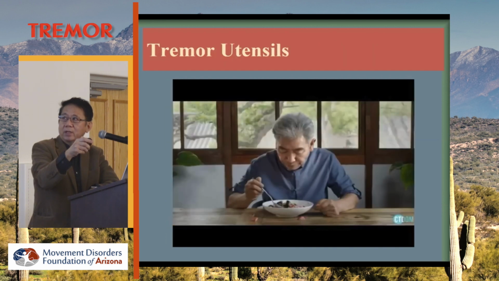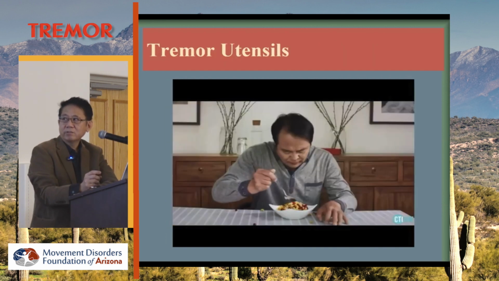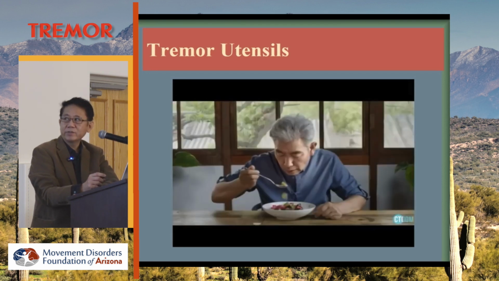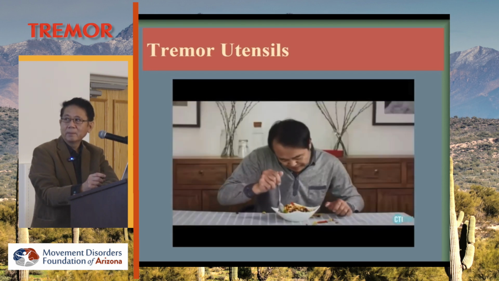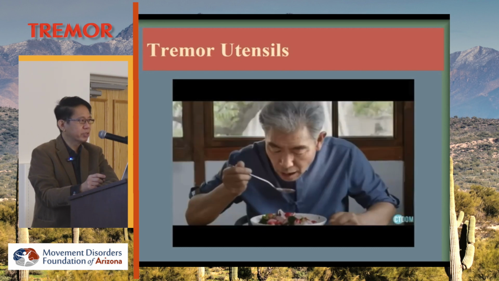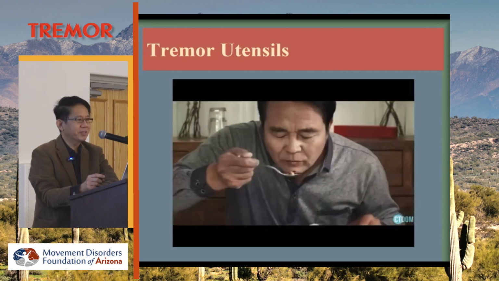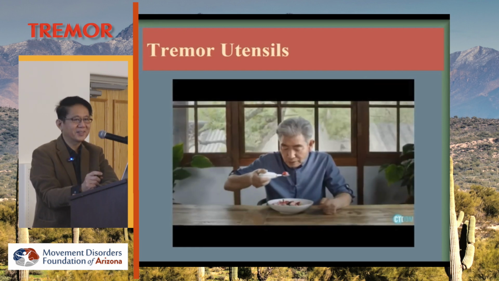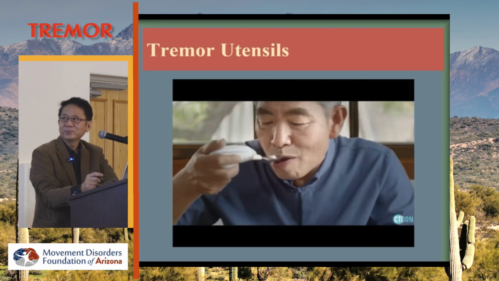Now the next, even more common thing we see, are just tremor utensils, spoons, forks, and knives you can buy online, even from Amazon. I think they're about $200 or $300 each. Each utensil, we're talking like, the spoon is about $200 or $300, and then the fork is another $200 or $300.